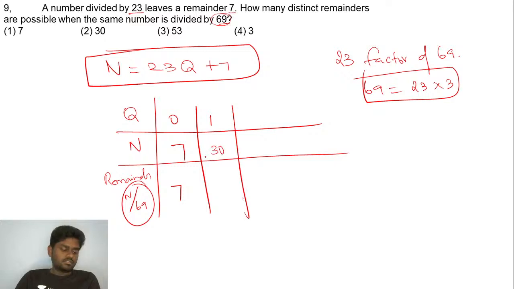So if it is 30, then absolutely you'll be getting the remainder to be 30, right? Undoubtedly. Why? Because 7 and 30, these numbers are lesser than 69. So definitely you'll be getting the remainder to be 30 here.